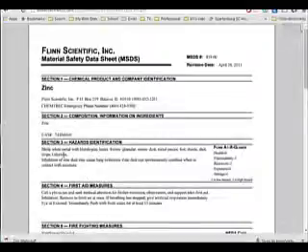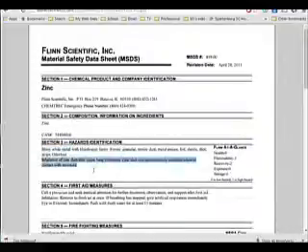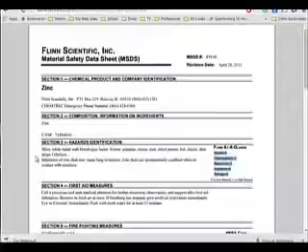But if we look under hazards identification, this is just a description of the chemical. You don't even have to worry about that. All you care about is where it tells you what the hazards actually are. Now there's a ranking for hazards, but I don't want you to worry about that for the lab. I want you to worry about only what it says are the potential hazards that might come up in a lab.